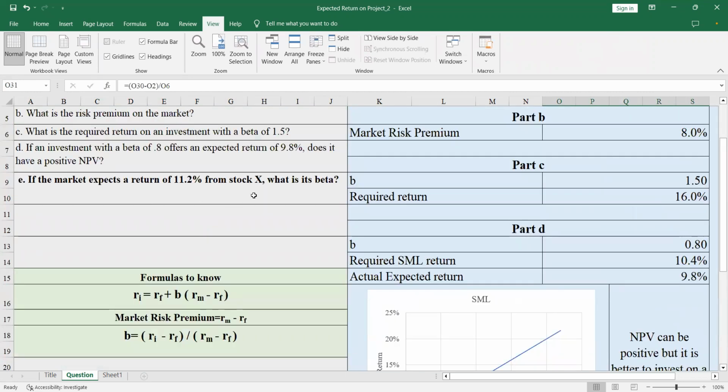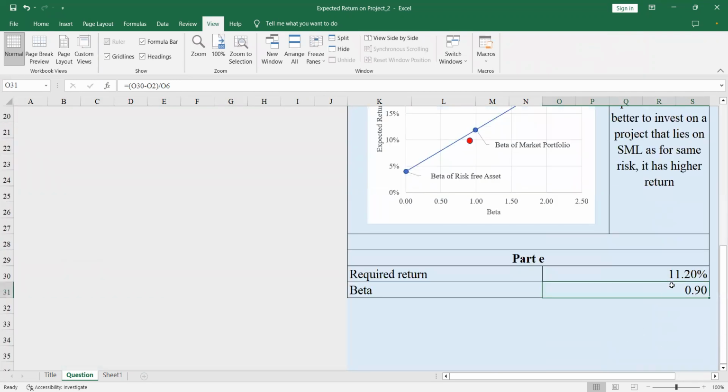The corresponding beta for a stock with 11.2% return is 0.9. All you have to do is Ri, the expected return on the security, minus Rf: 11.2% minus 4%, divided by the market risk premium of 8%.